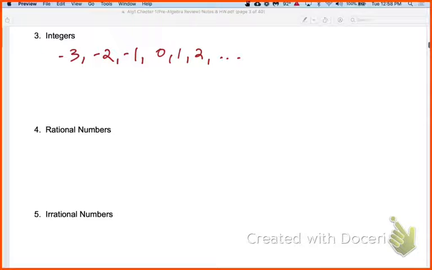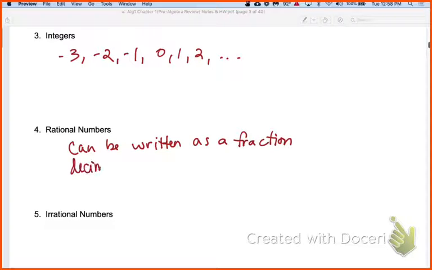Then you have your rational numbers. Those are numbers that can be written as a fraction. Decimals must be terminating or repeating.